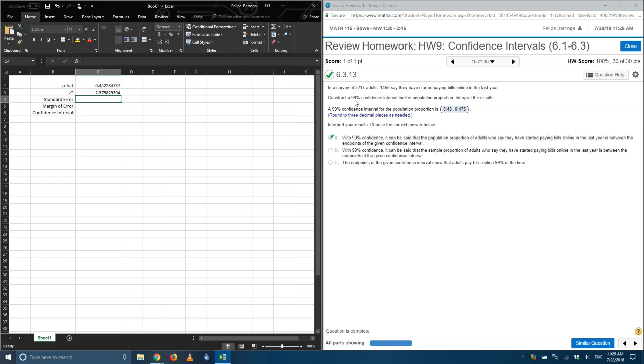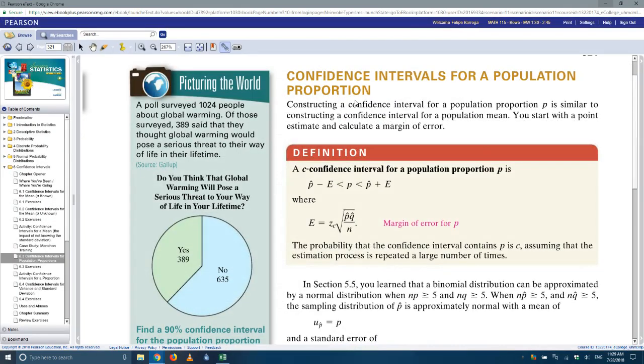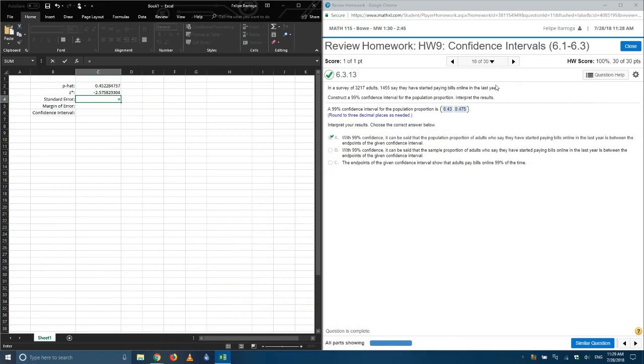Okay, now the standard error, as you remember from the formula, the standard error is just this part here that's under the square root. So what we'll do is take the square root of this, which we found earlier, times q hat. That little symbol with the little caret over the letter, they say hat.